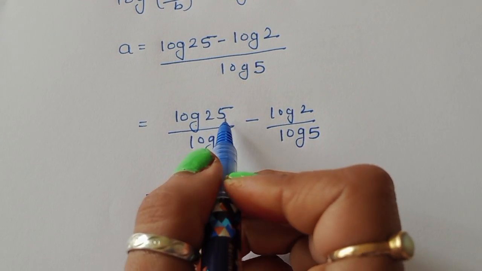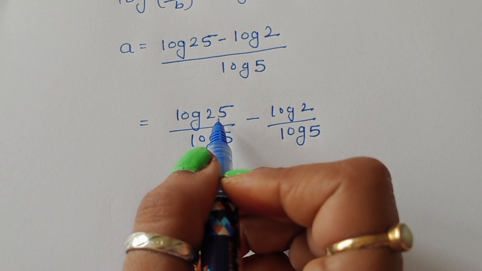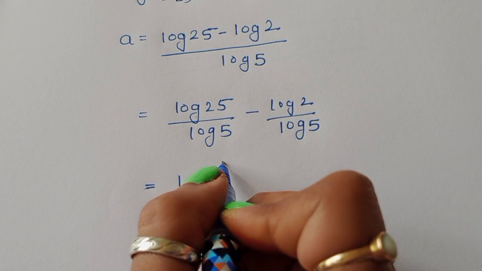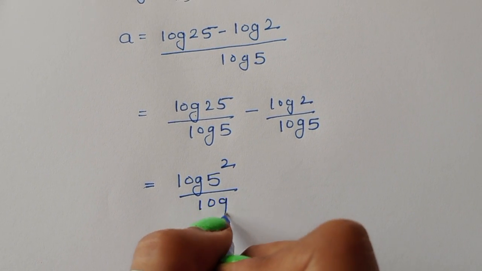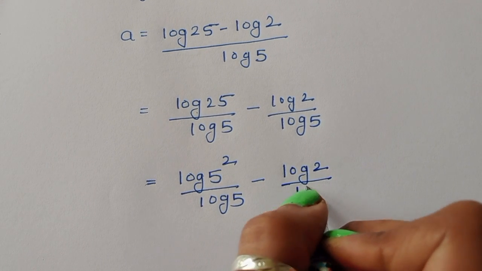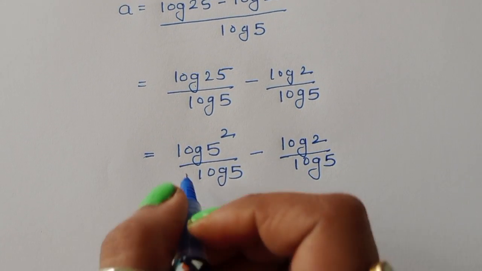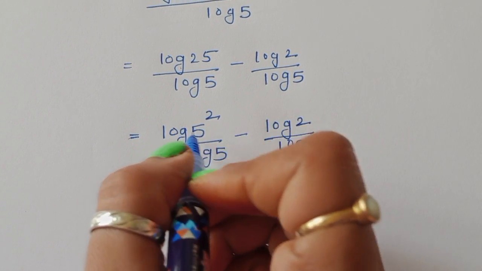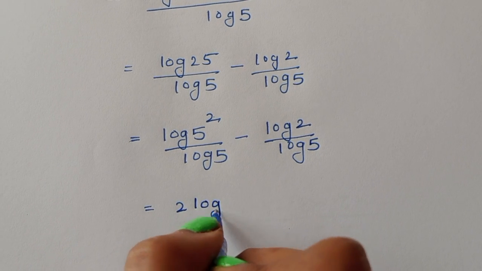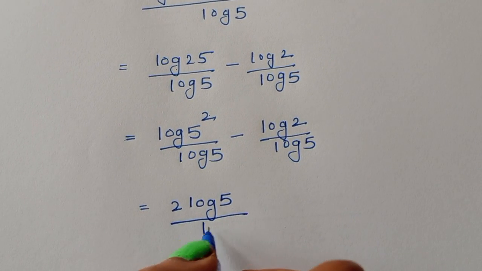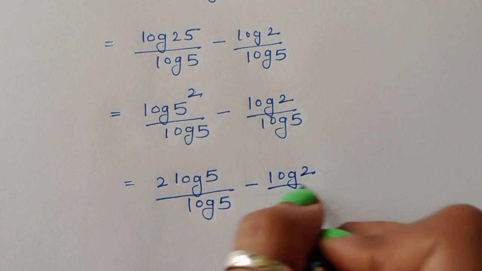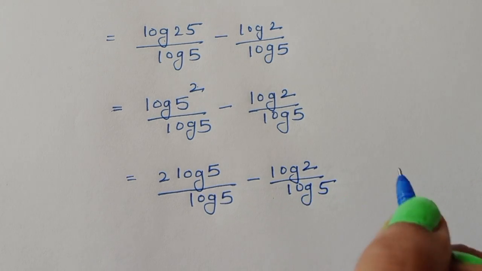Now this 25 we can write in the form of a square: log of 5 squared divided by log 5 minus log 2 divided by log 5. Now log of a^b is equal to b log a, so we can write 2 log 5 divided by log 5 minus log 2 divided by log 5.